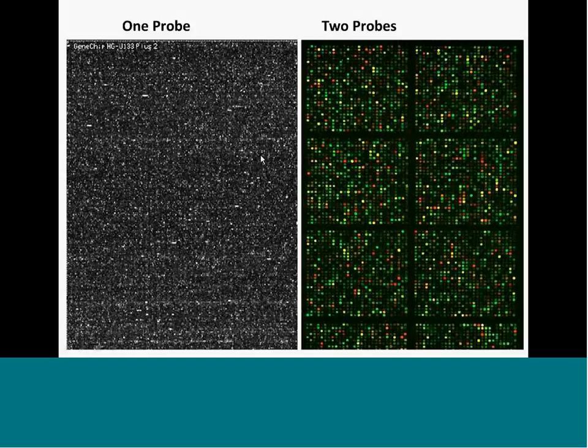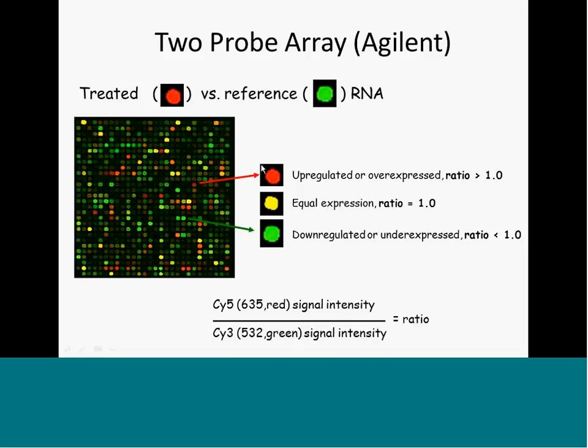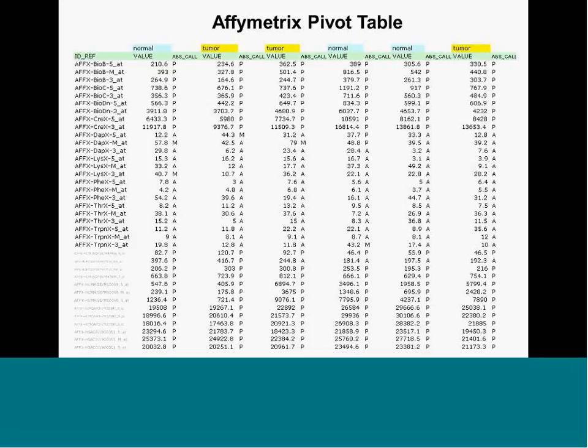Okay? So the question is, how do we go from here to actual gene expression data? So then this just shows you more detail about the red, yellow, and green. But essentially what you end up with is this. Okay? So you get a bunch of pictures, and what you do is we put it in the scanner, and the scanner actually measures the intensity of these probes.